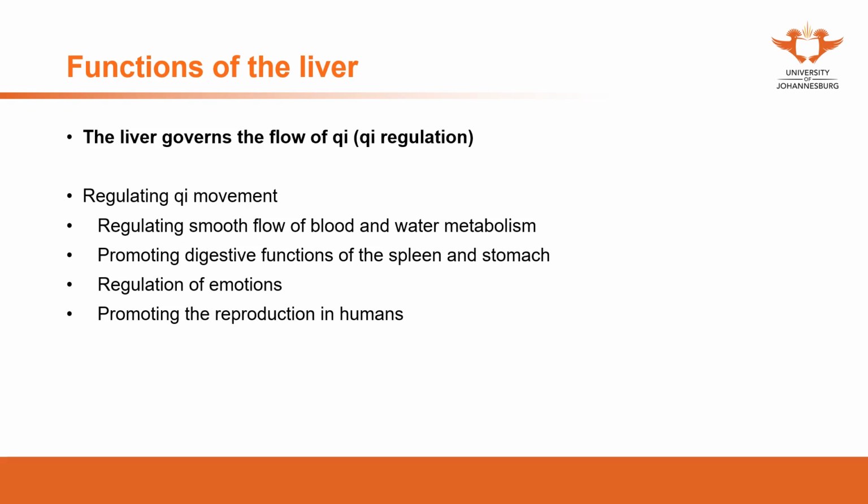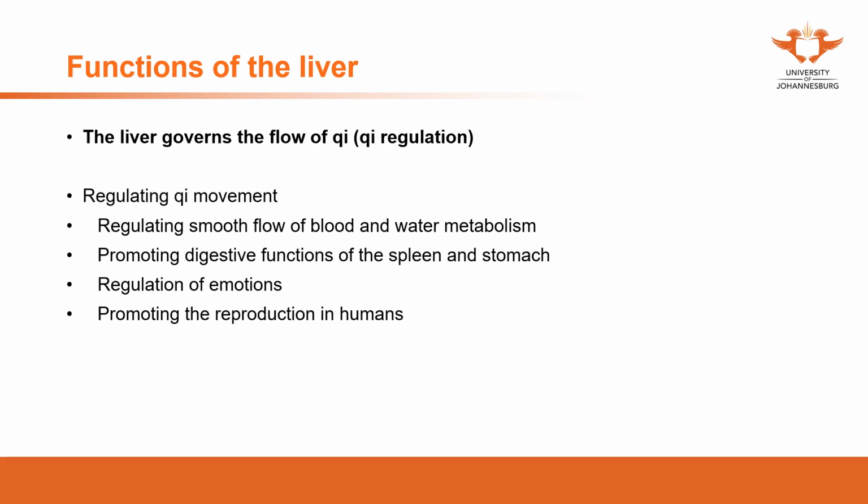Regulation of the emotions. So emotion problems will also reflect in the liver. The liver also promotes reproduction in humans. This is mainly related to reproduction or fertility issues. The other reason is that the liver meridian travels around the external genital area.